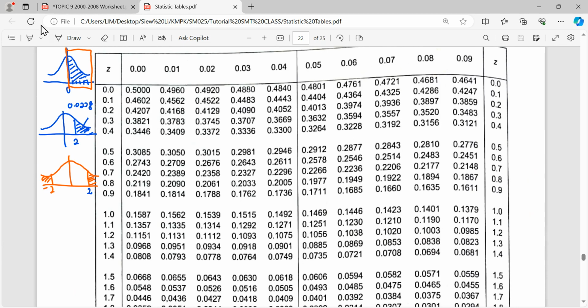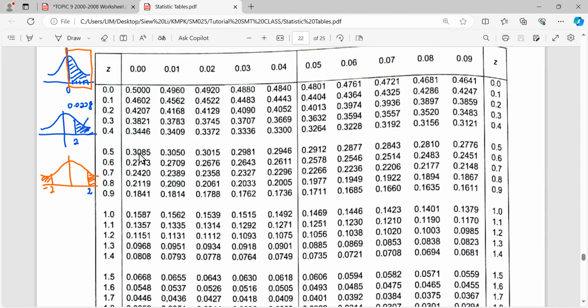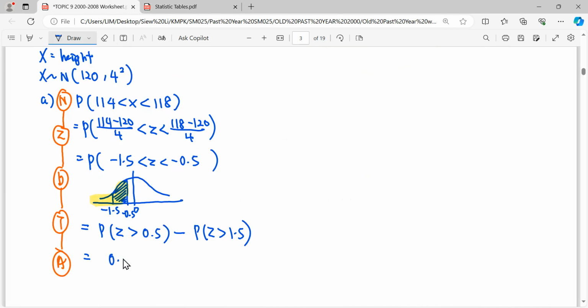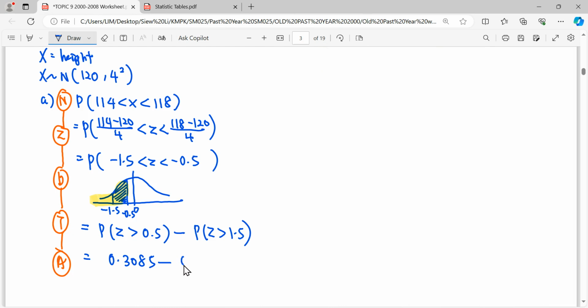Go for this table, reading for the z-score 0.5. 0.5 here is 0.3085, minus 1.5, which is 0.0668. So here we have our answer.